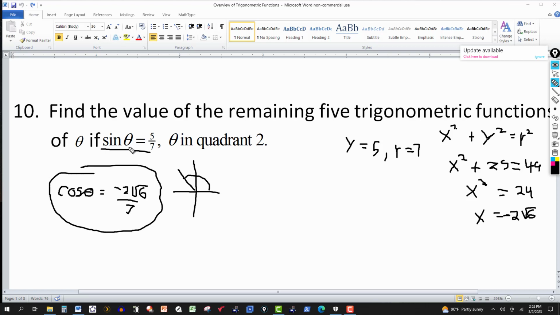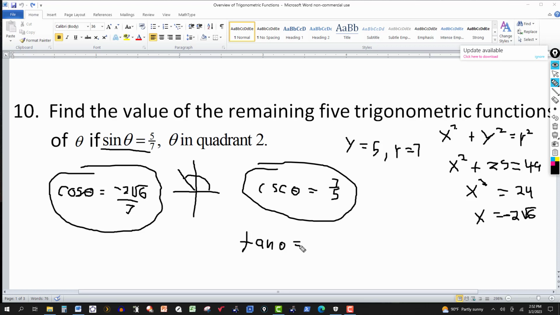The cosecant and the sine are reciprocals, so that means if I know the sine, the cosecant of theta would just be the reciprocal of this. 5/7 would become 7/5. You get this. And then the tangent of theta would be the y value, which is 5, over the x value, which is minus 2 square root of 6.